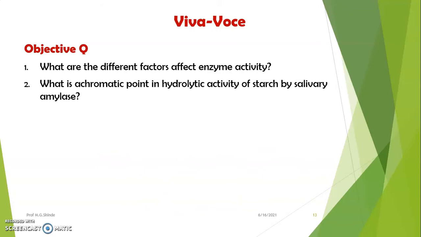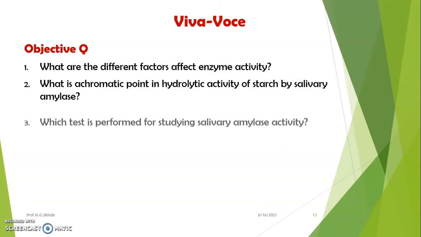Whenever salivary amylase hydrolyzes the starch, it is converted to different products: amylodextrin, erythrodextrin, and acrodextrin. Finally, after complete hydrolysis, the starch is converted to acrodextrin and maltose, which when tested with the iodine solution will give no color. That no color is the achromic point.